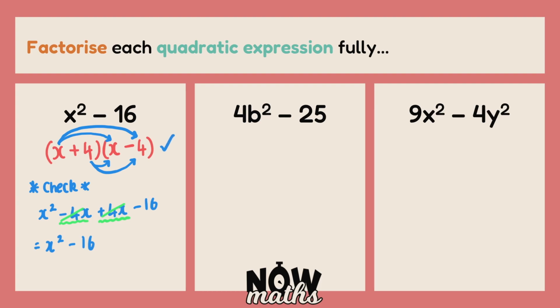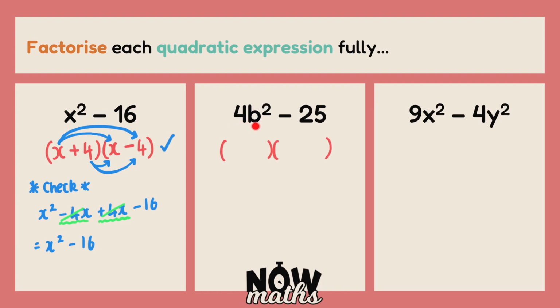Now looking at the second question. This again is a difference of two squares because it's a difference or a subtraction, and each of the terms are square numbers. There is no factor greater than 1 that goes into each term, which means we can't factorise into a single bracket, so we have to factorise into double brackets. We're then going to use square roots to help us.